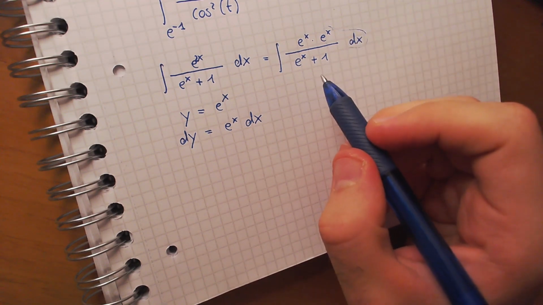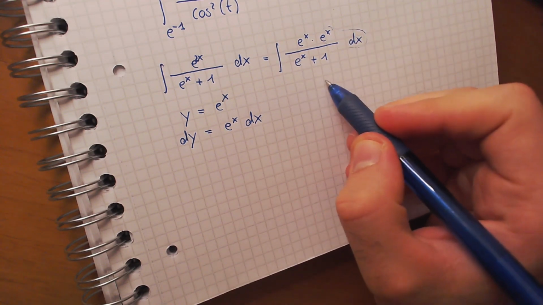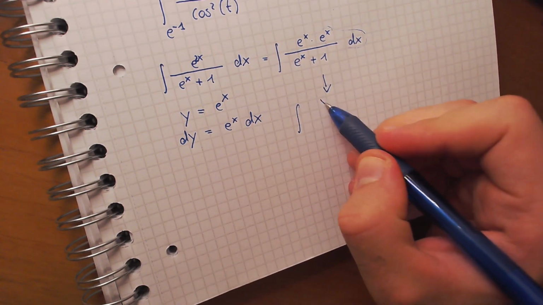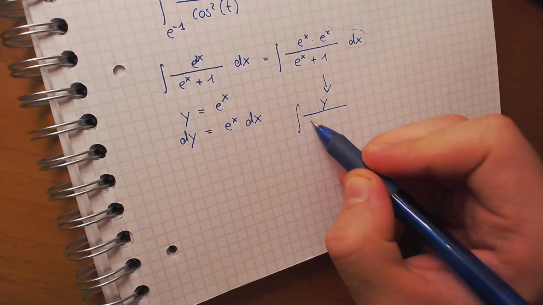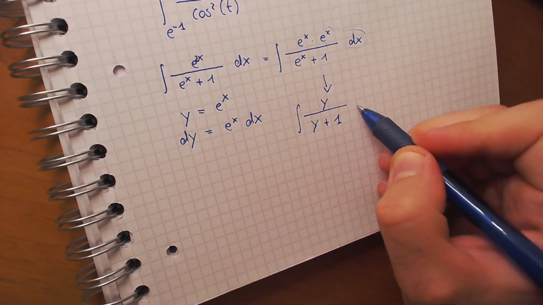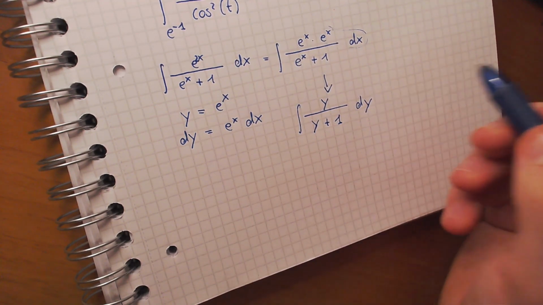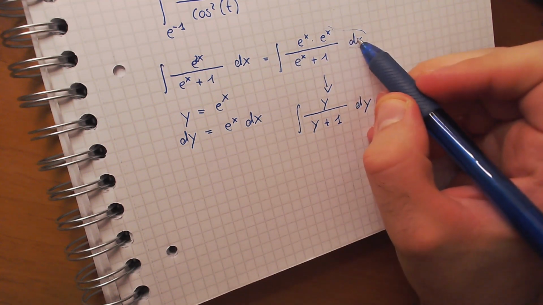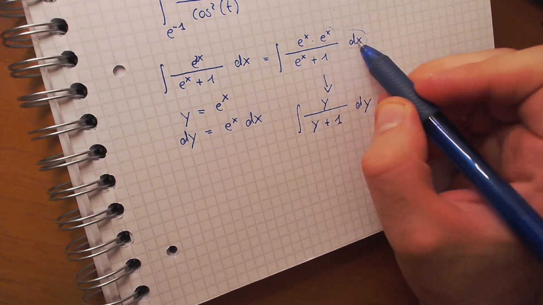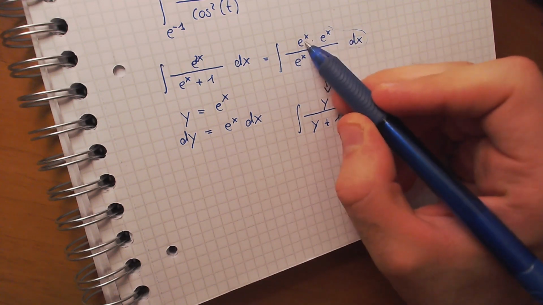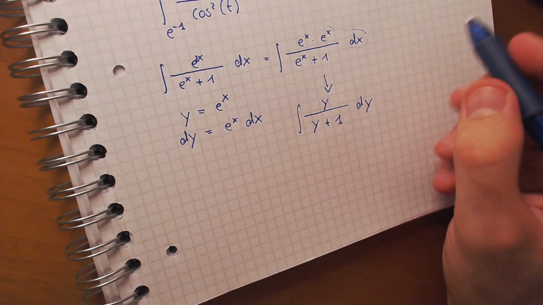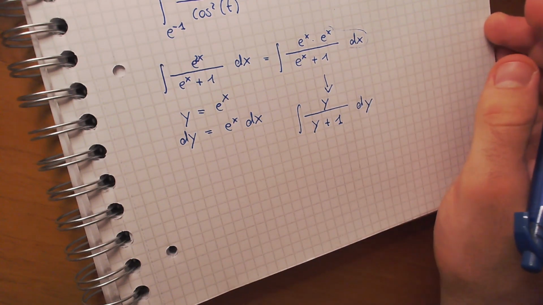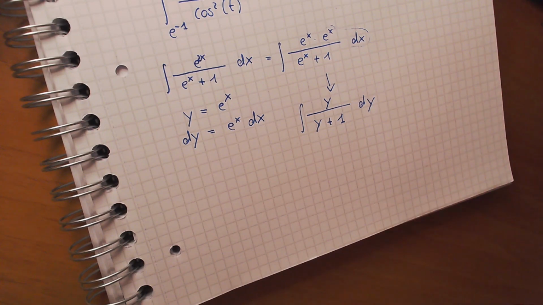So that means that our new integral will be the integral of y over y plus 1 dy, because as we said, e to the x times dx is dy, and then we have y and y here. Okay, so this is our new integral in terms of the new variable.